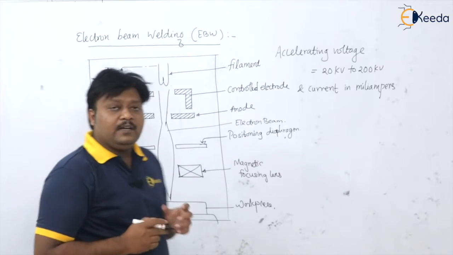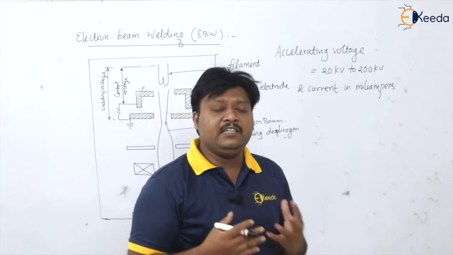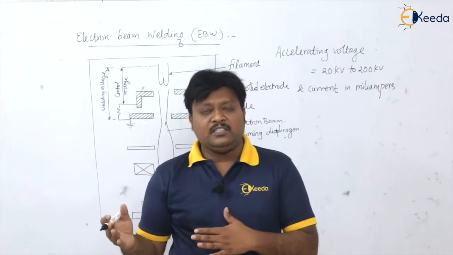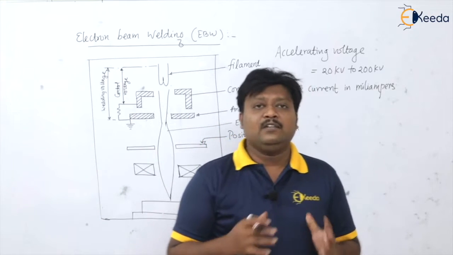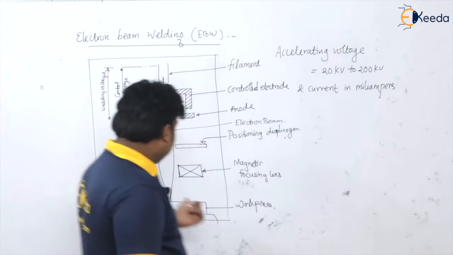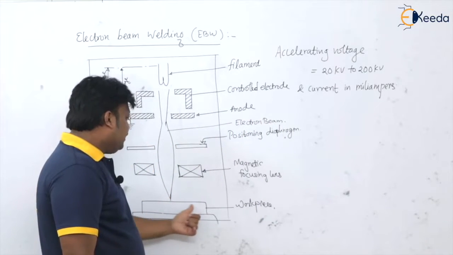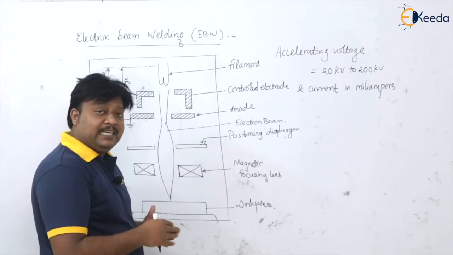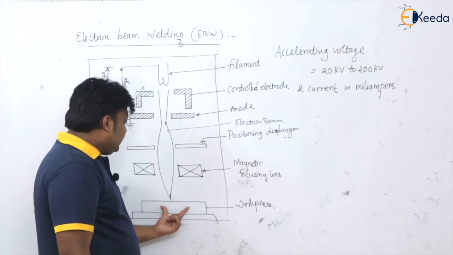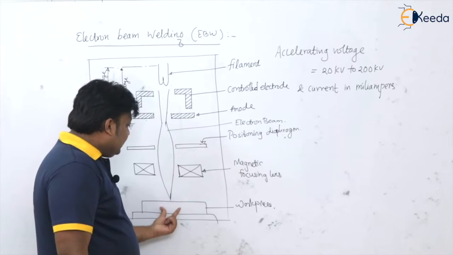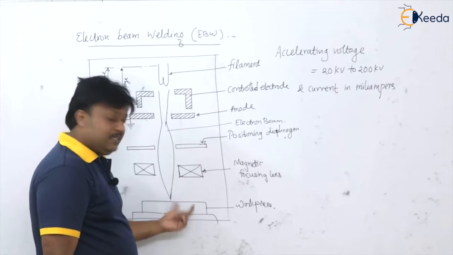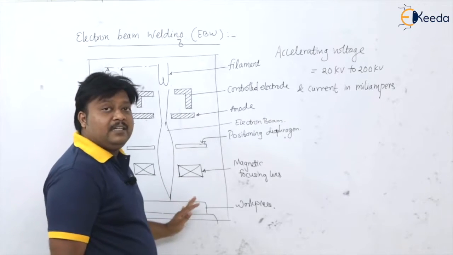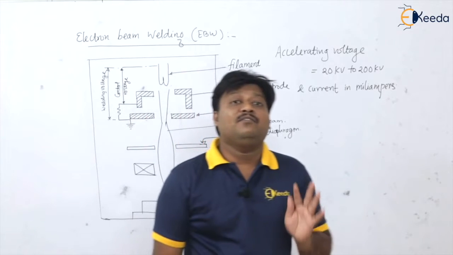When the accelerating voltage crosses the critical value, the beam penetrates into the work surface, and in that condition, if the work has a relative traverse movement with respect to the beam, then we get a narrow bead of weld.